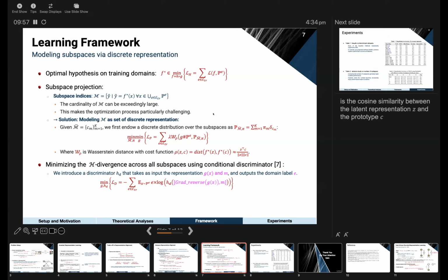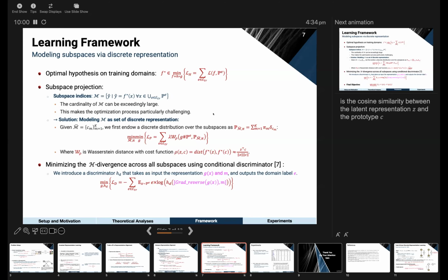However, we observe that when we directly use the prediction from the optimal hypothesis to assign the subspace, the cardinality of the subspace index set is too large and makes the optimization challenging.